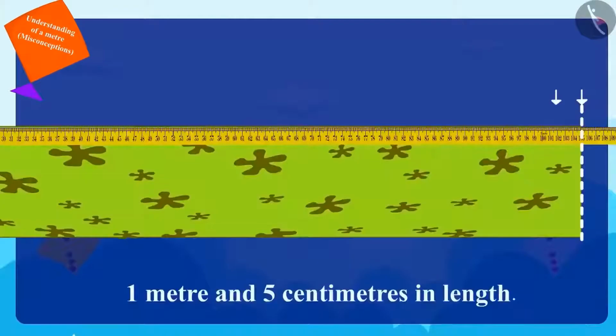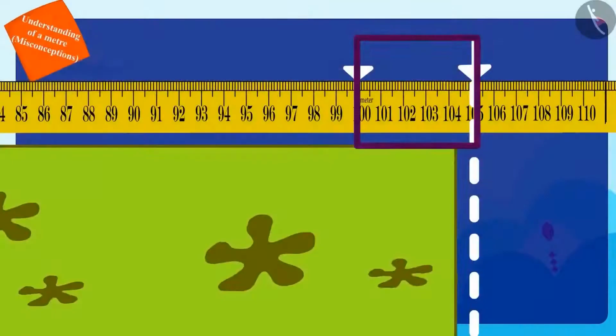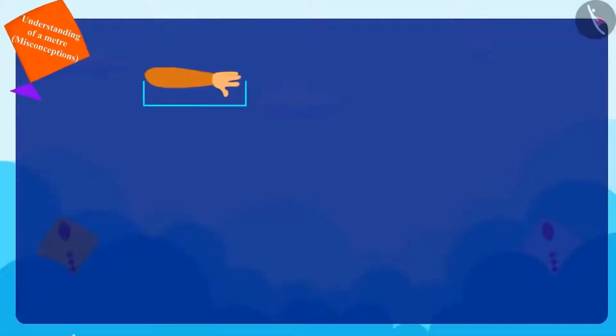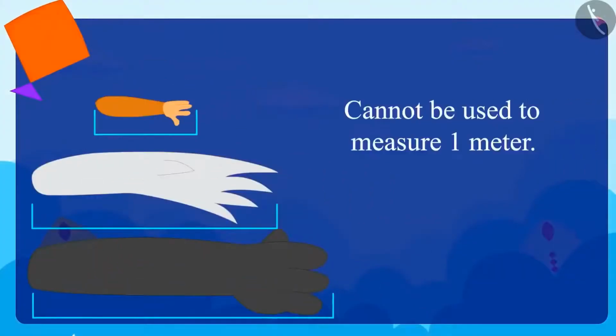No. Uncle gave 1 arm long material which is 1 meter and 5 centimeter long. Chanda explained to Chacha and Golu that the length of 1 arm varies for everyone, so they cannot use it to measure 1 meter.